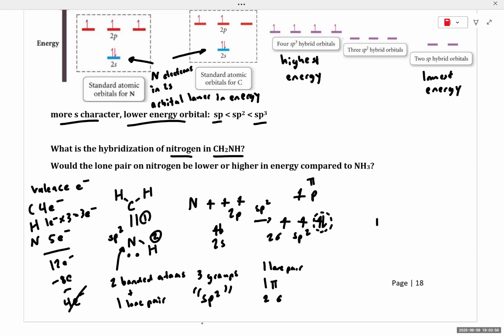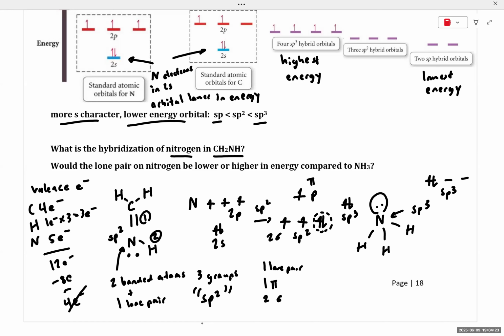Now, if we compare the lone pair in this molecule to that of ammonia, where this nitrogen is sp3, this lone pair, as we discussed, is held in an sp3 hybrid orbital. The sp3 hybrid orbital is generally higher in energy.